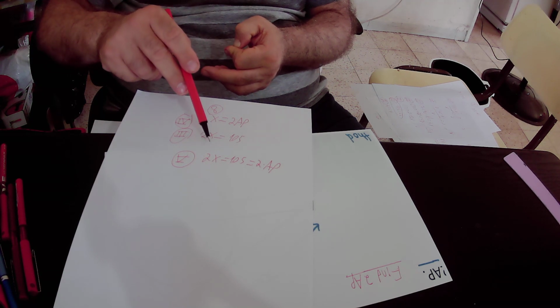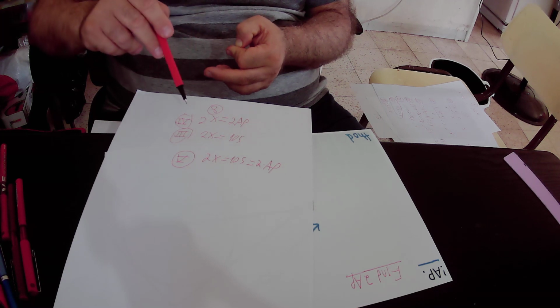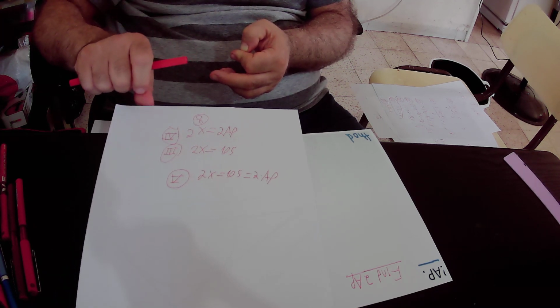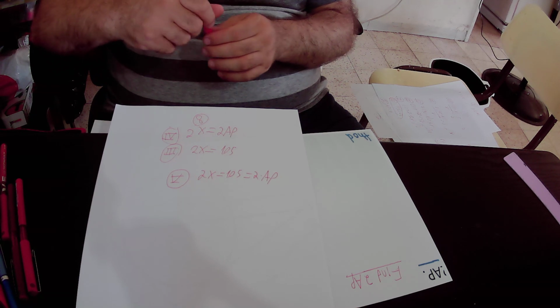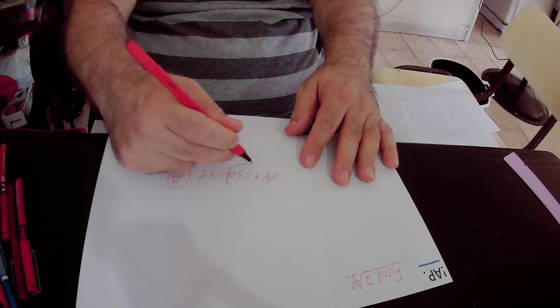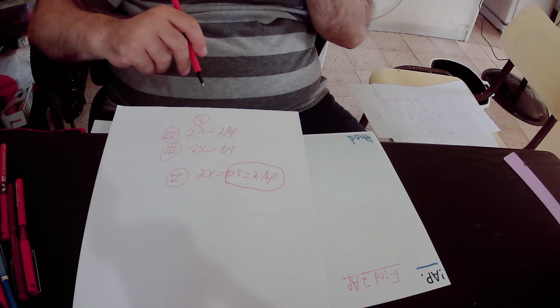So we got the equality that 2 times AP equals 105 units.